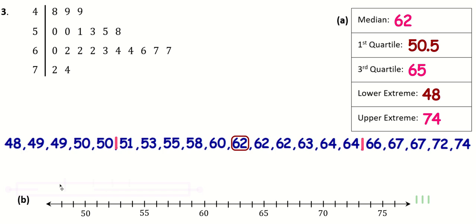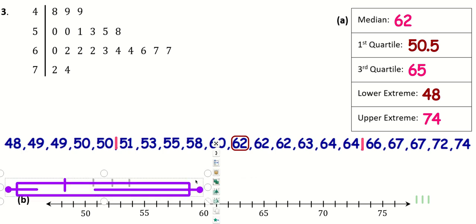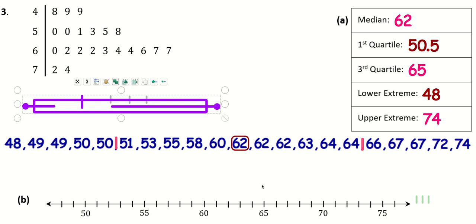Okay. So, now to sketch the box and whisker plot. I guess I can just use these ones. So again, the overall median is, does this go by ones? 1, 2, 3, 4, 5. Okay, so 60, 62. That's the overall median, and then we need 50.5 right there.